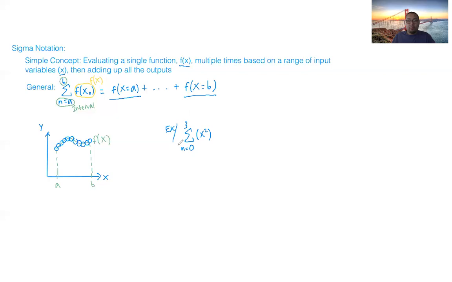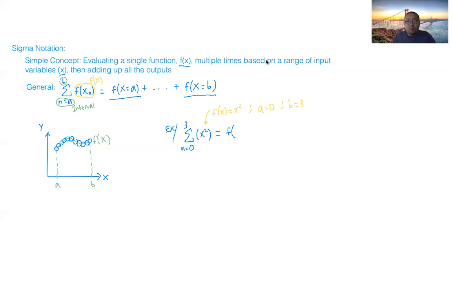In this case, the function we're considering is x squared, and our interval starts at 0 and ends at 3.